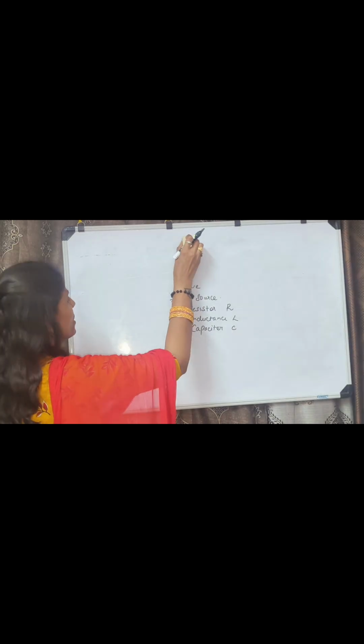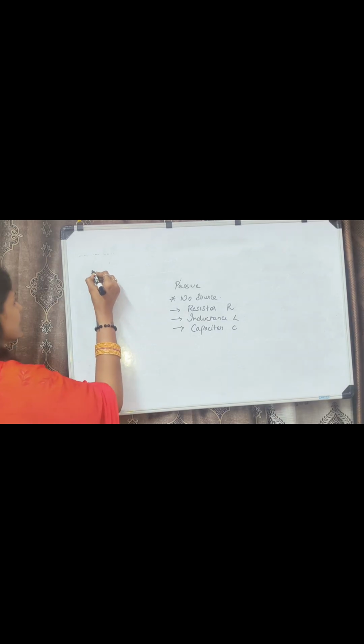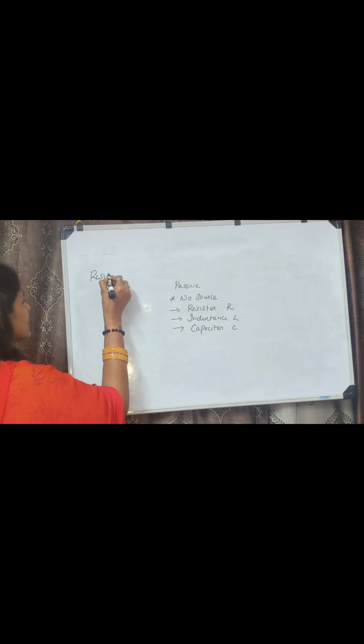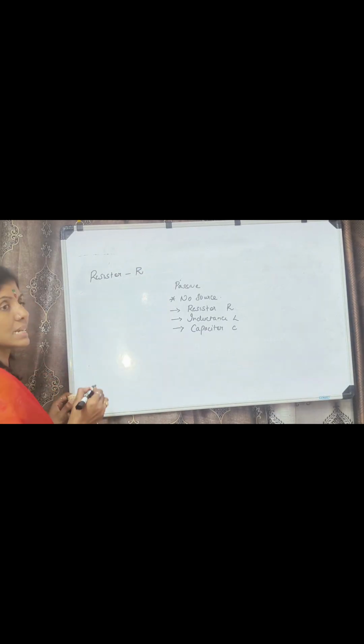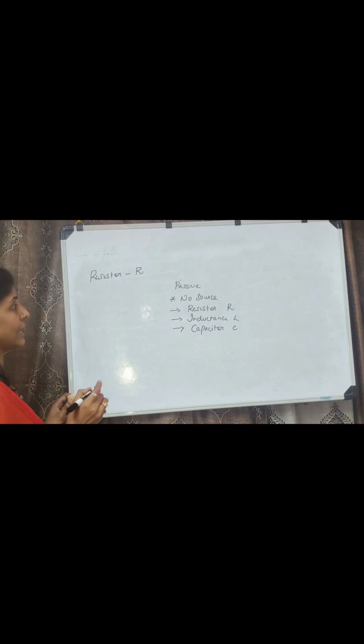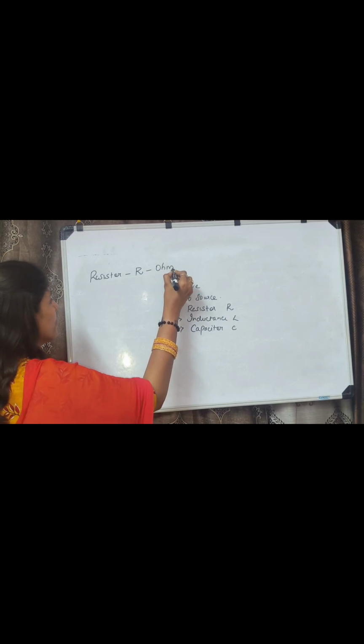The passive devices: first is a resistor, second is an inductor, third is a capacitor. The resistor is represented by the letter R, and the unit of resistance is ohm.